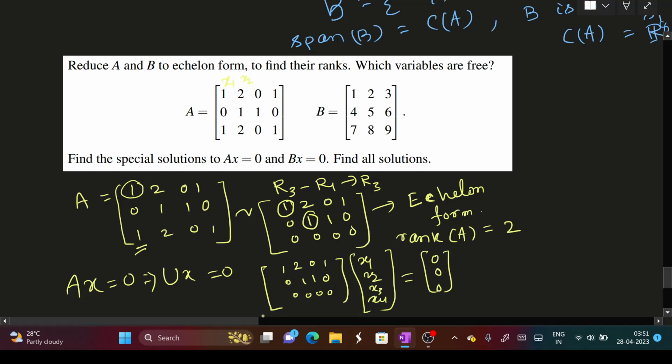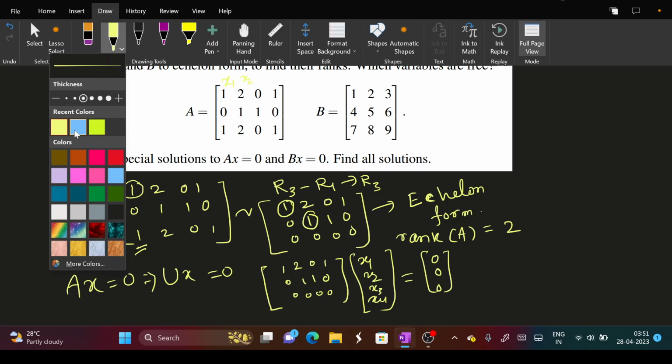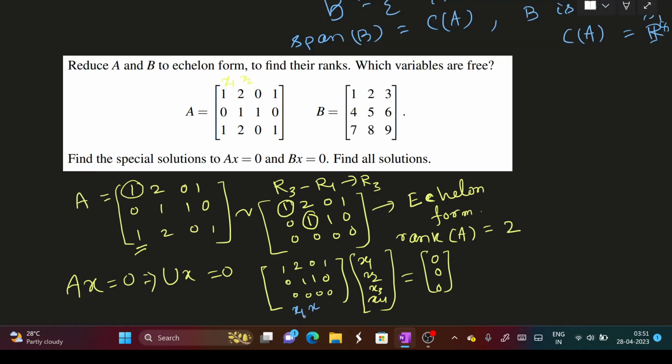So here this column is corresponding to my x1 column, this is corresponding to x2, x3, x4. Where my pivots are, this is a pivot, this is a pivot. So which variables are free and which are pivot? Here it is pivot, here it is pivot.